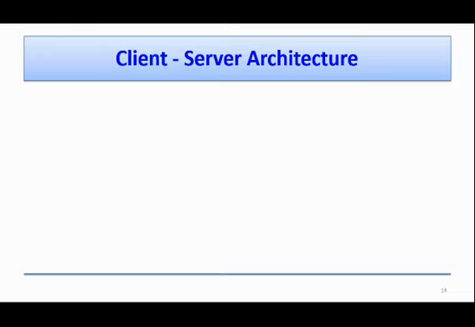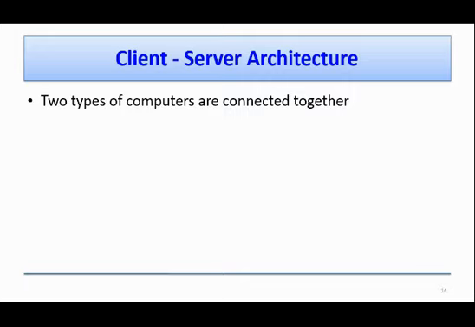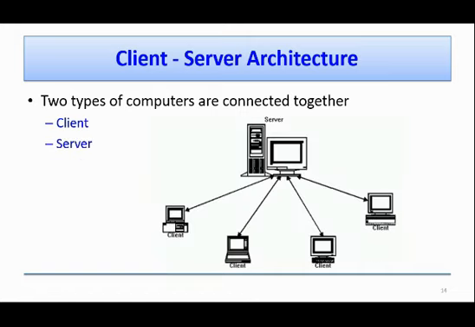Next one is client server architecture. There are two types of computers connected to the network. One is called client, the other one is server. This is a simple diagram of the client server architecture. This is what we call the server, and these are called clients.